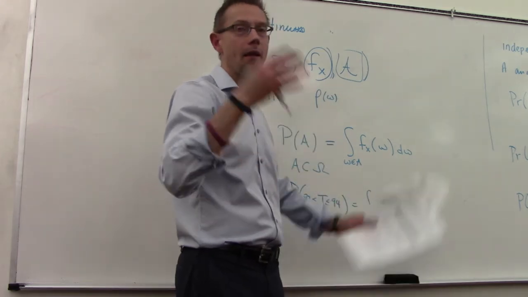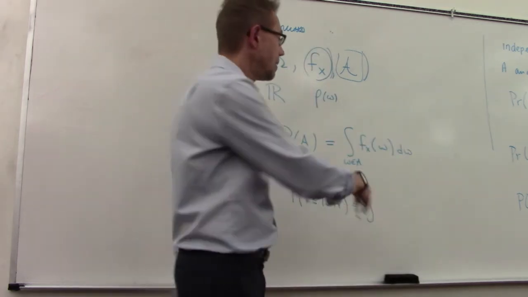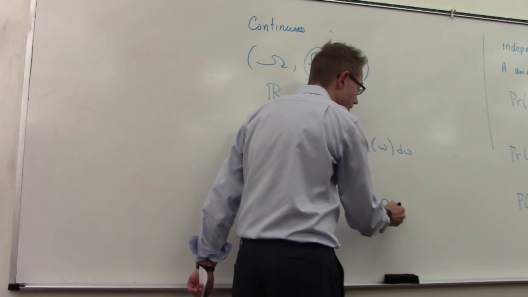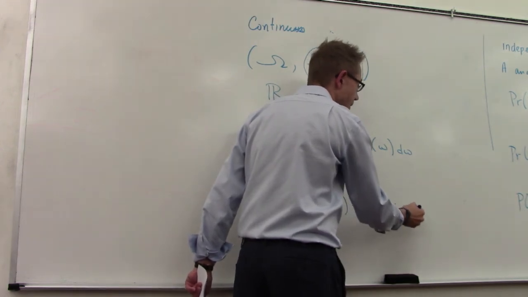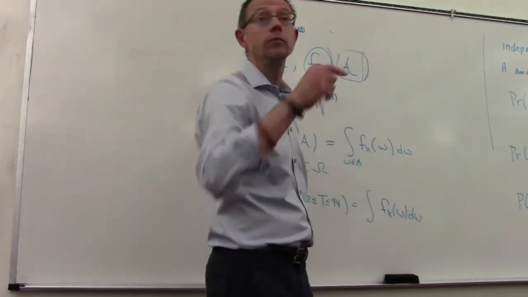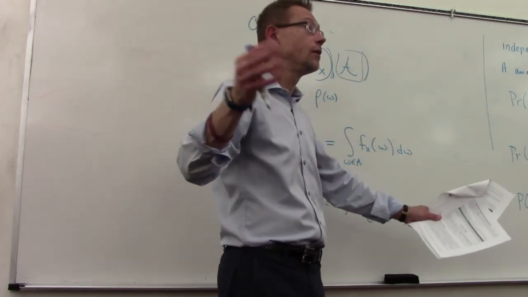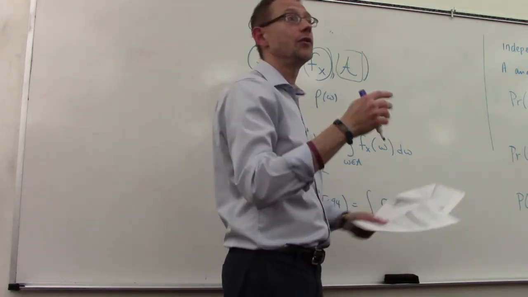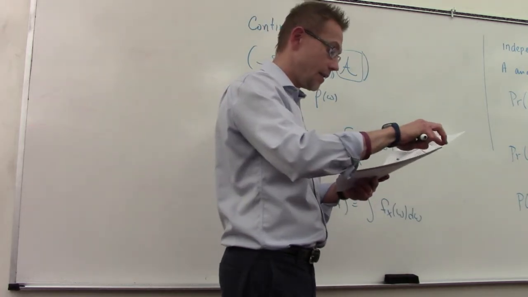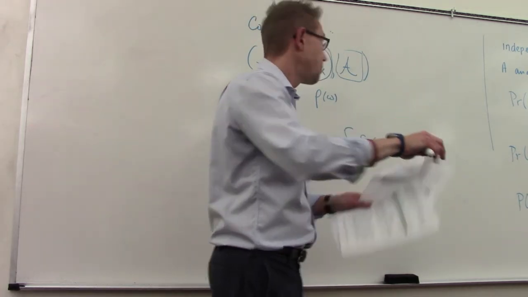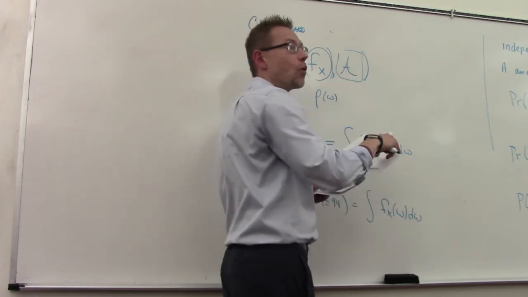I have no idea what it looks like in Salt Lake, but it's going to be the integral of some function that tells me how likely that is. That function could be uniform, could be flat, meaning it's equally likely that it's anywhere between 92 and 94, or it could have different distributions. And that's part of what you'll see in this class, that the shape of this is important.